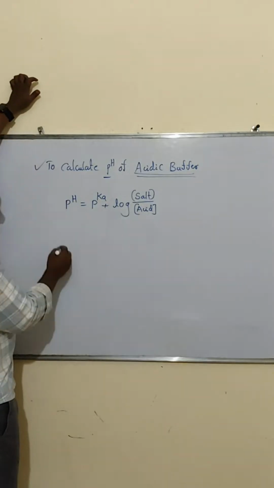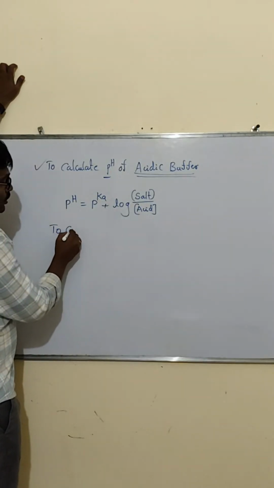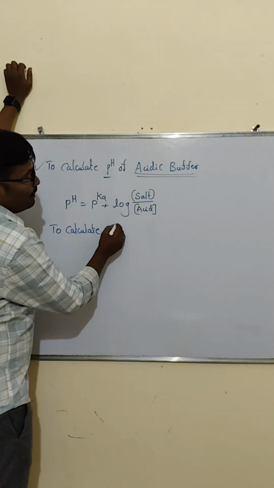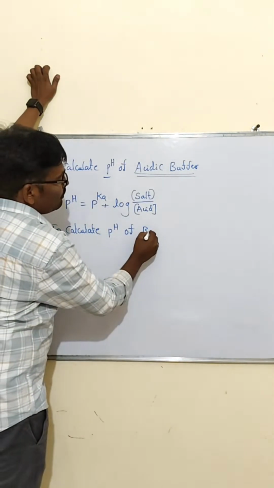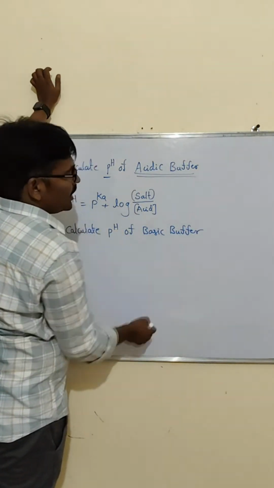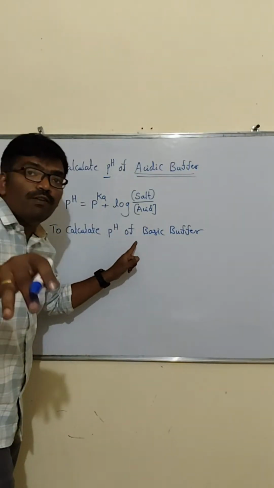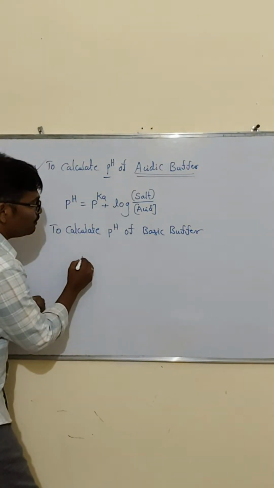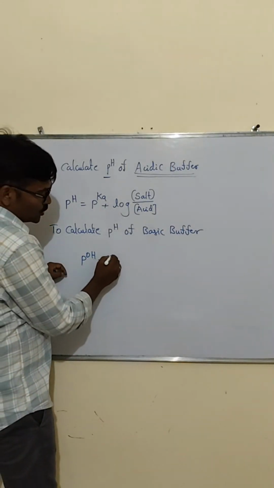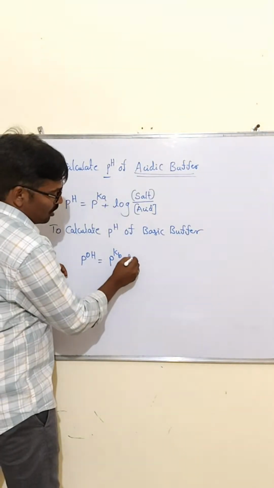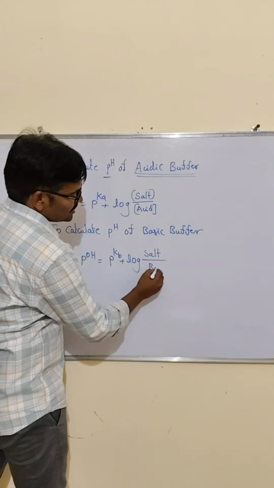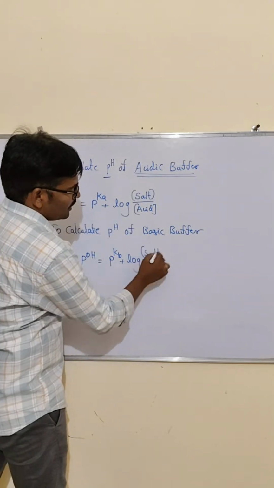Then the second formula, to calculate the pH of a basic buffer. To find the pH of a basic buffer, first we have to calculate pOH. pOH equals pKb plus log of salt divided by base.